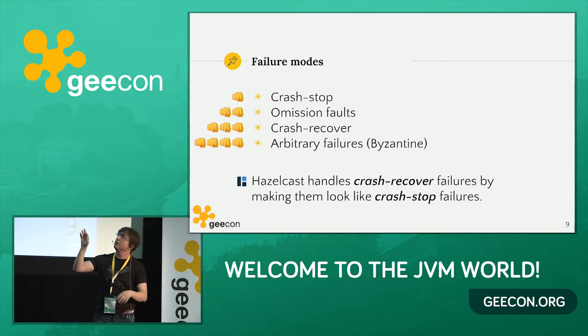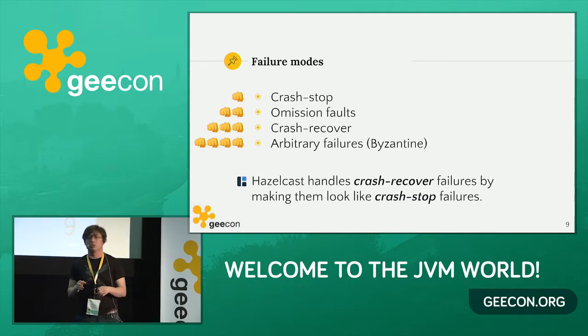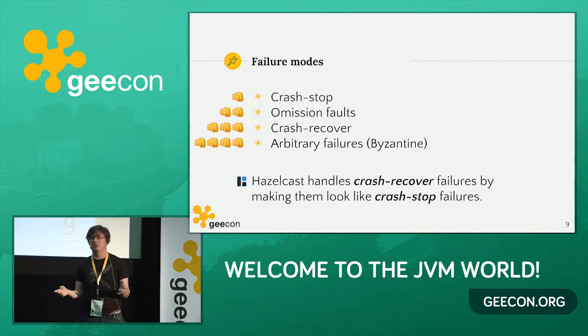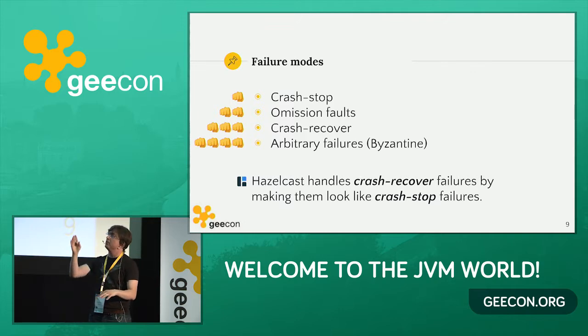After that, we have the omission faults. An omission fault occurs when a node cannot send a message which it is supposed to send due to its algorithm, because of things like internal buffer overflows or network congestion, and it causes losing messages. And then we have crash recover.